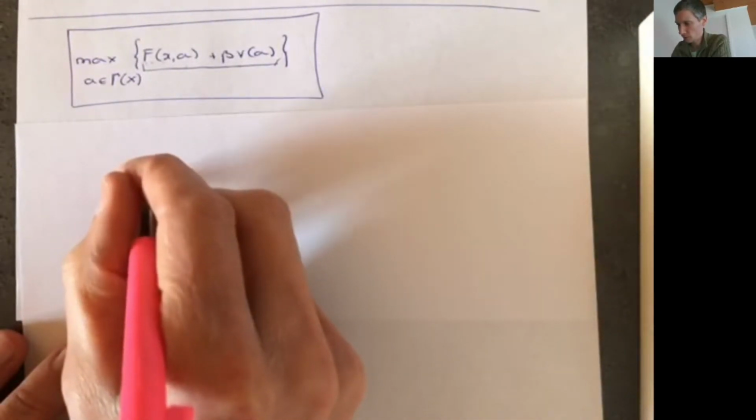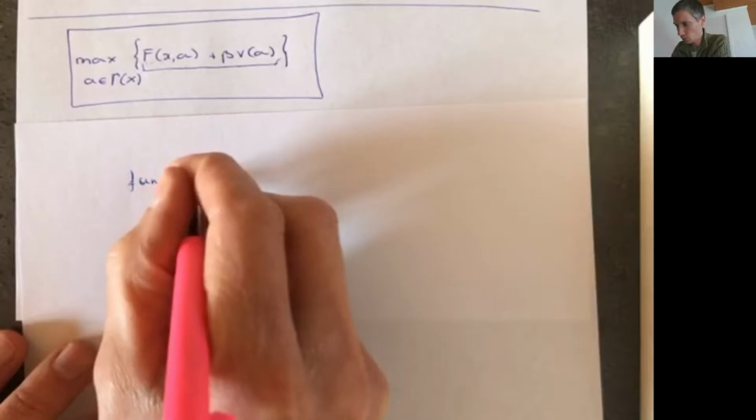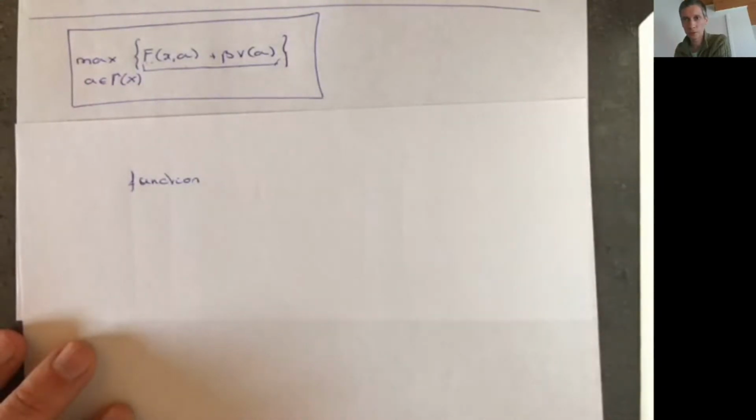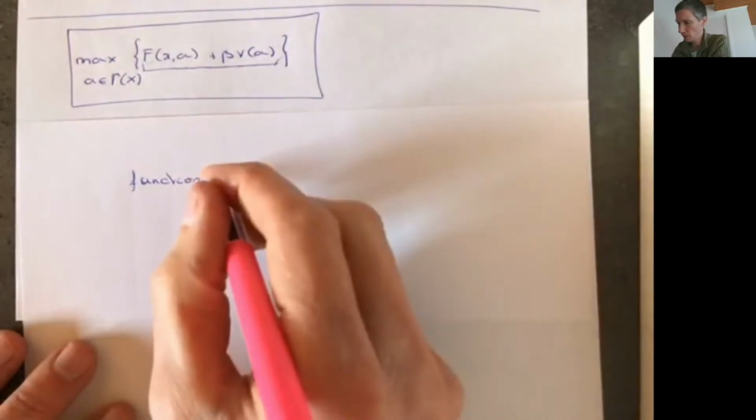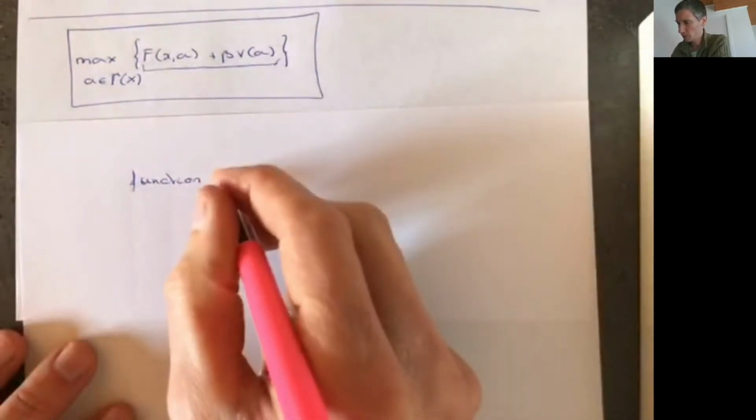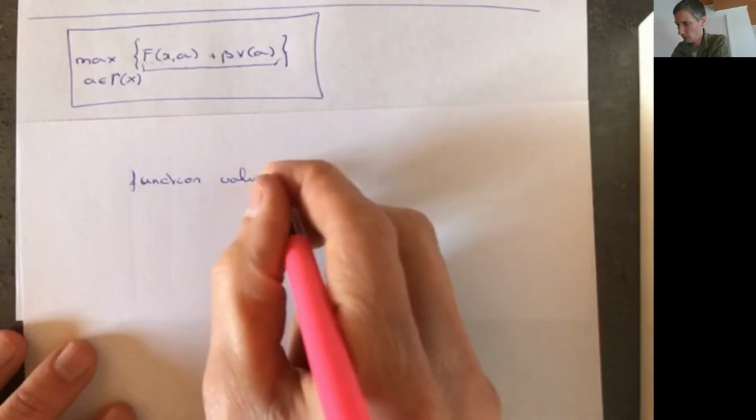So this is going to be a function. I'm going to use some kind of pseudocode here, in order to get the idea straight before I start programming. So let me call this value function.